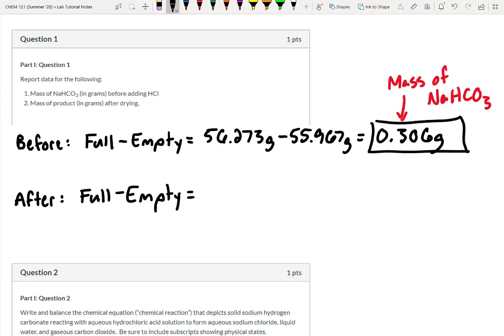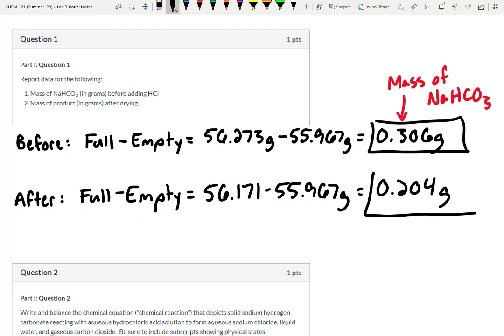And the full beaker was going to be 56.171. And then the empty beaker is just going to be the same as it was before, which is 55.967 grams. So if we subtract the two, we're getting 0.204 grams. And the product of this reaction is going to be the mass of NaCl.